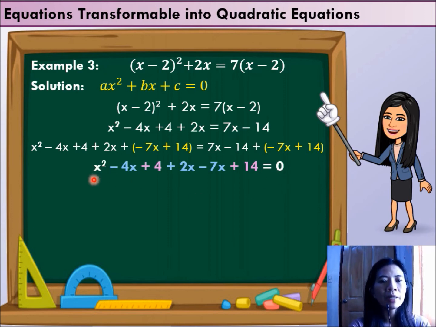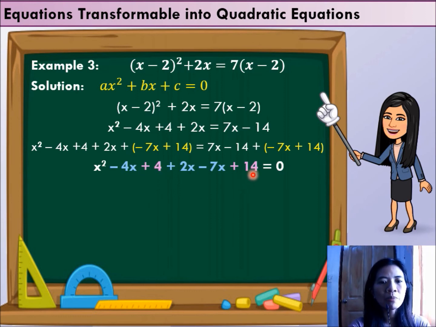Then we are going to simplify the left side of your equation by combining the like terms. If you notice, there is only one x squared. And then for the linear term, we have negative 4x, positive 2x, and negative 7x. And then the constants, we have 4 and positive 14.